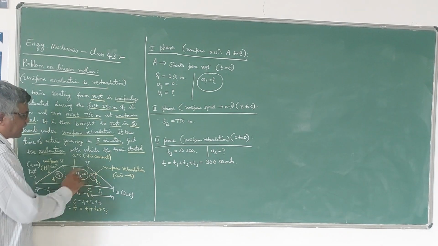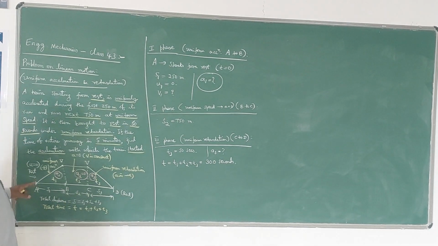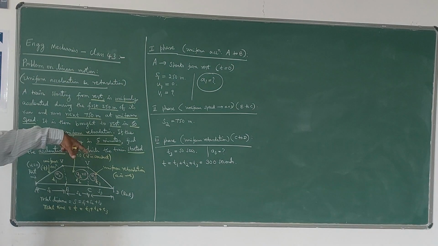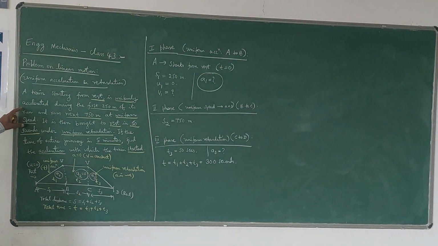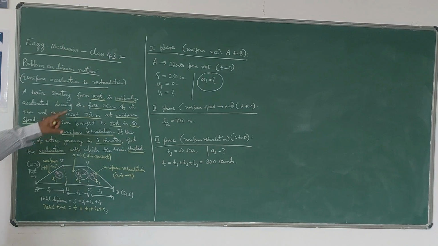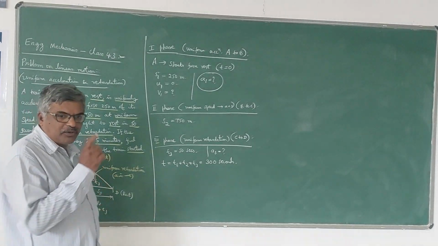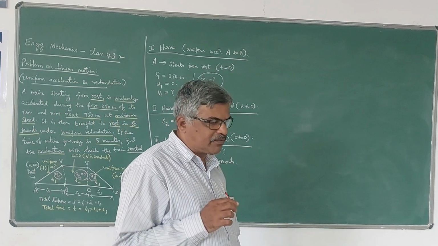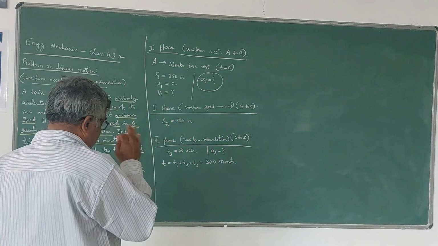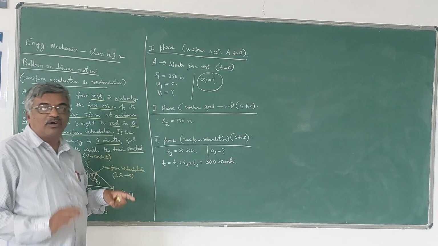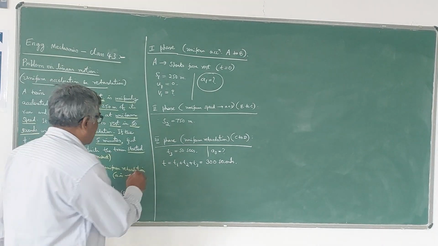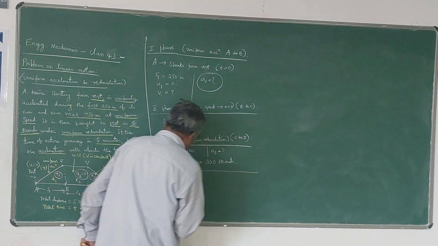Now here A1 and A3 are not known. These are the given things. To find out A1, we have to use the equations of linear motion for all the three stages. So we know the three fundamental equations. I will write them here.